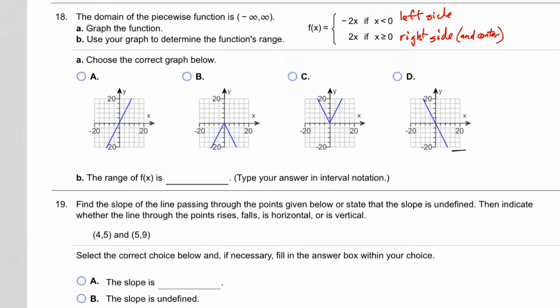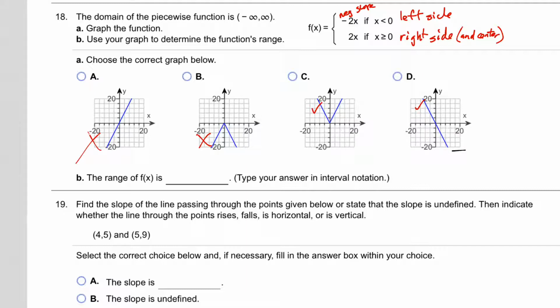So we know that this has a negative slope. So look for the graph that has a negative slope on the left side. This is positive, so that can't be it. I'm sorry, that's not a negative slope. There's a negative slope, and there's a negative slope. All right.